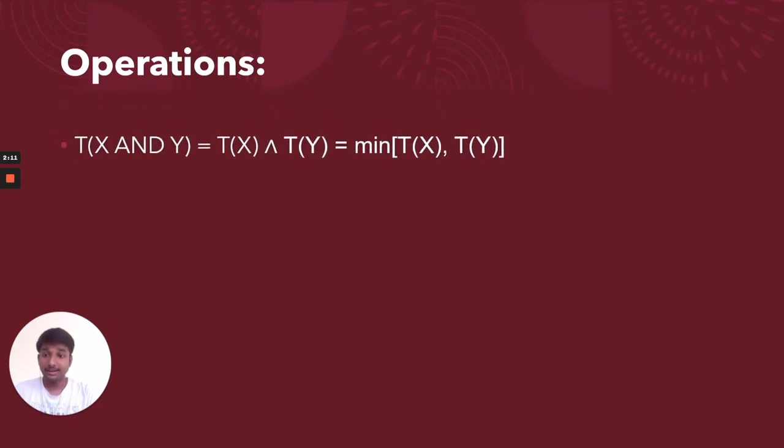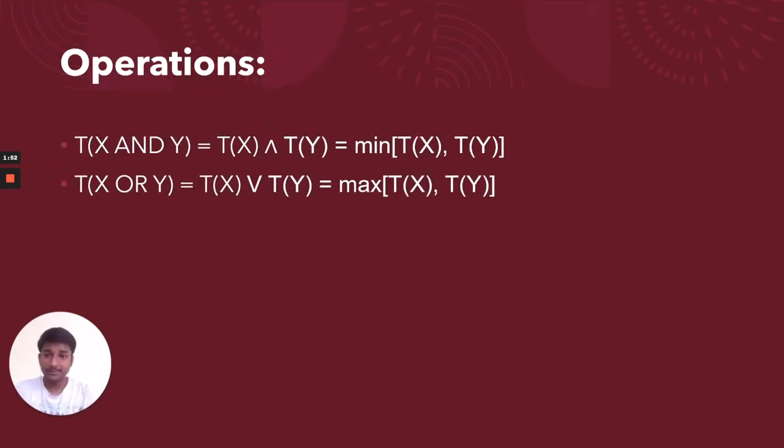Next are operations. In operations, if we have truth values of two propositions, we can perform simplification with the minimum of t of x comma t of y for a conjunction. Okay, we have to learn in a sequence, right?